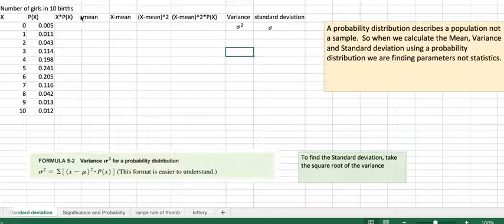So these column headings I went ahead and put in myself. The only ones that I got from my stat lab were the first two columns. So let's multiply our value of our variable times our probability.